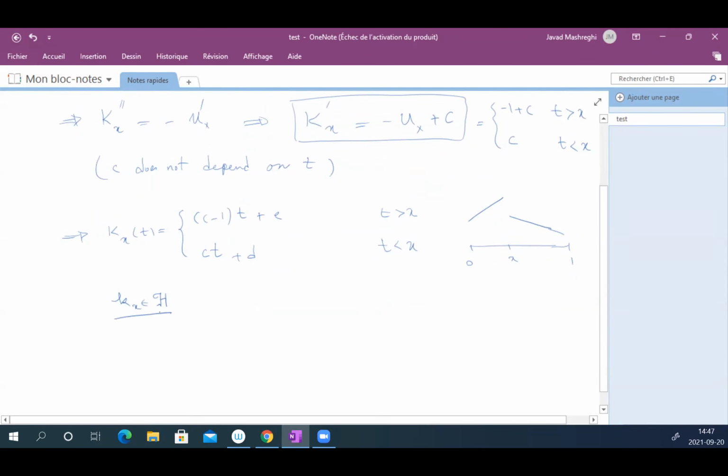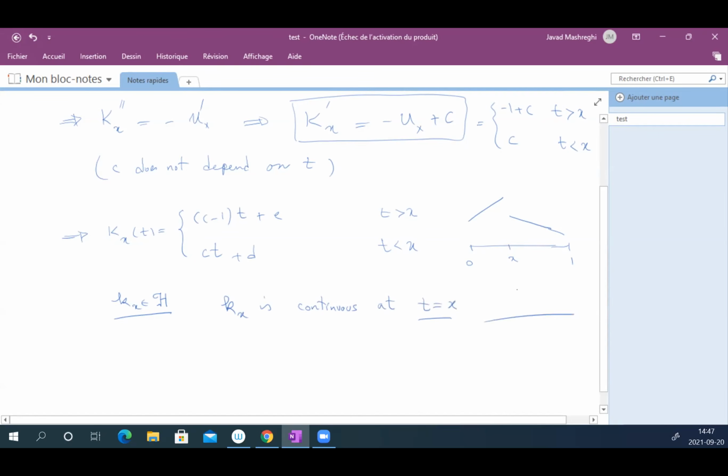So there are some conditions to be respected. For sure, k has to be continuous at the point t equal to x.